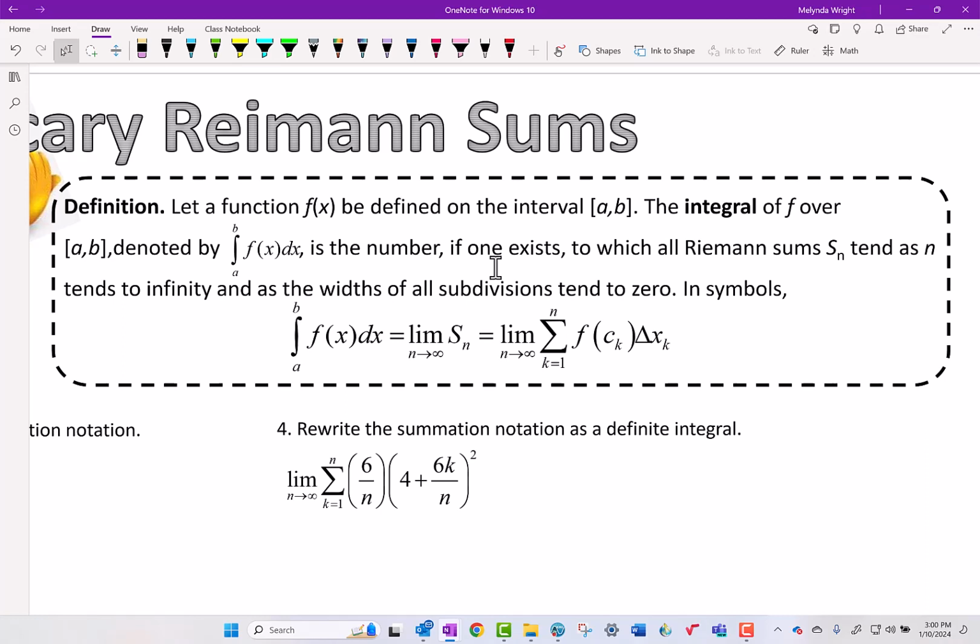Remember we did the limit and we'd find the equation of the derivative, and that was before we learned how to do all the rules? The limit as h goes to 0 of f of x plus h minus f of x, over h. Remember the definition of the derivative was really hard, right? And then we learned how to do derivatives.